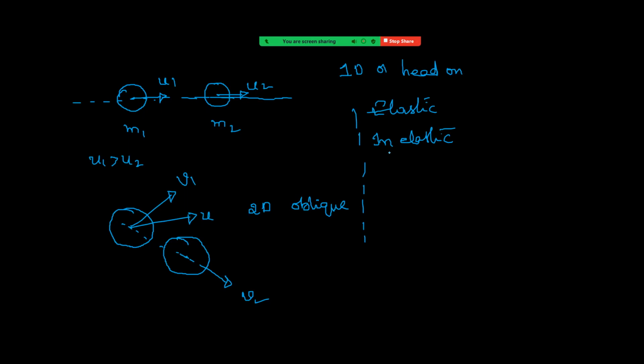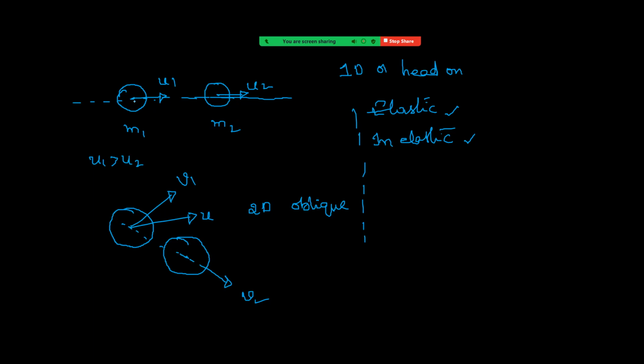If it is not the same, it is known as inelastic collision. Based on kinetic energy, we can divide like this: elastic, inelastic. Based on the direction of velocities, it is one dimension or two dimension, or we call it head-on collision or oblique collision.